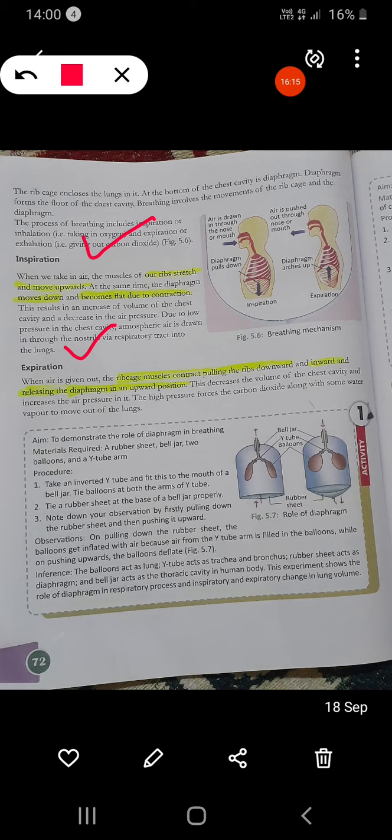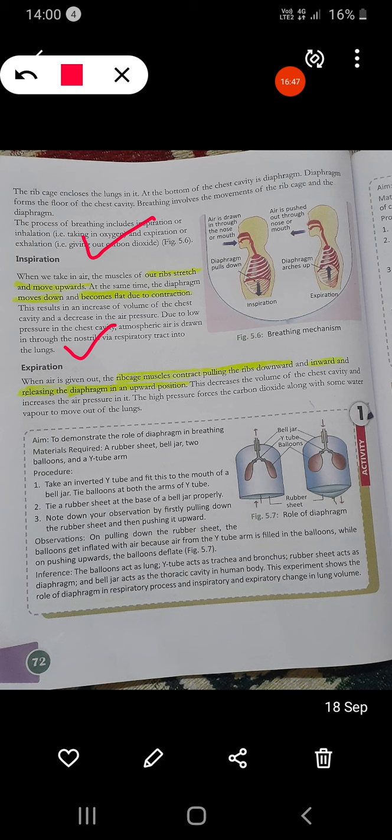The rib cage muscles contract and are pulled downward and inward, releasing the diaphragm to an upward position. Because the volume of the chest cavity will decrease, it will increase the air pressure. So there are two important mechanisms of breathing, inspiration and expiration.